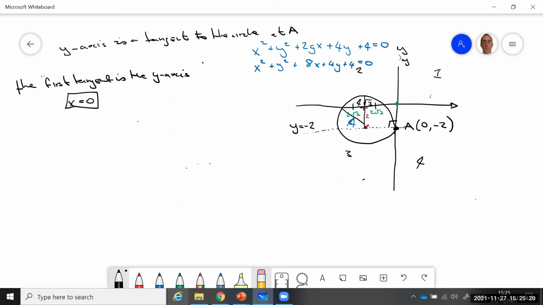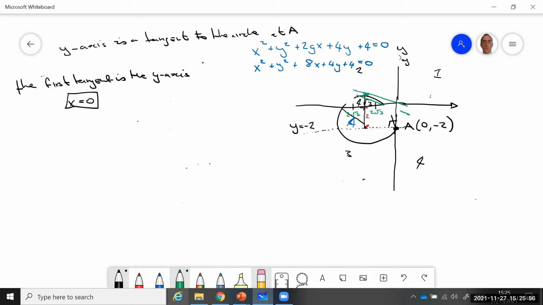And what about the other tangent? The other tangent will run off like, oh sugar, no, that's supposed to hit the circle at one point only. The other tangent would graze the circle like that.